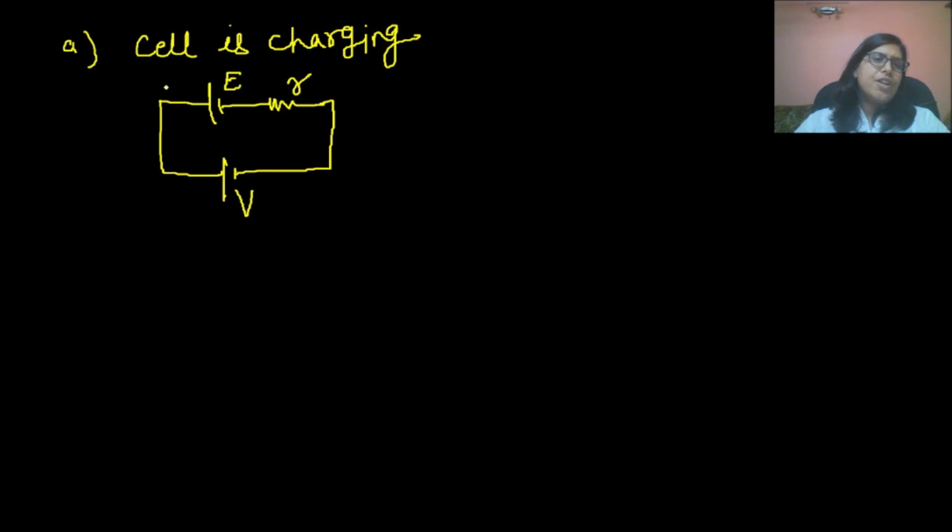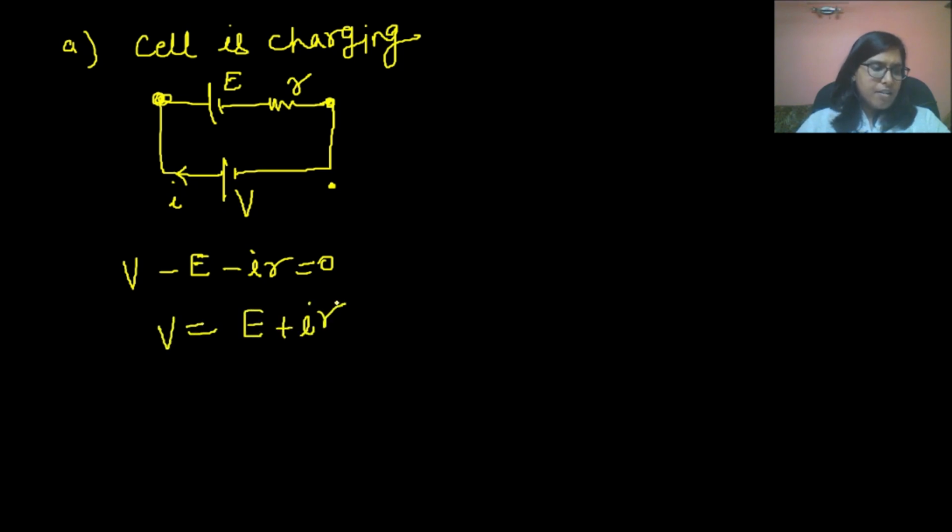Suppose this cell is charging, then how will we write the KVL? KVL will be plus V if we are moving from this point, plus V minus E, and current will be in this direction. We are moving in the direction of current, so it will be minus I into r. So V will be E plus Ir, right? So when the cell is charging, the voltage across the cell will be E plus Ir.